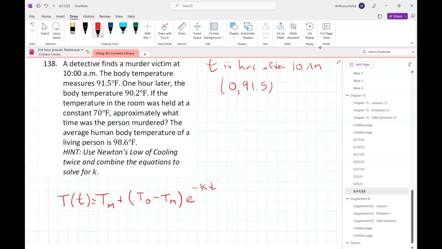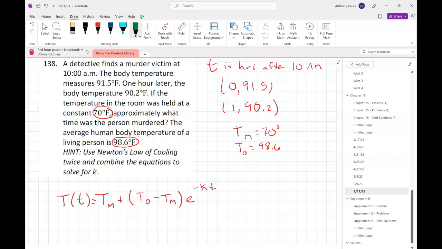So if I have that, then I would have another data point, (1, 90.2). We know T sub m is 70, and we know T sub naught, the initial temperature, should be 98.6. So what I'm going to do is use this.